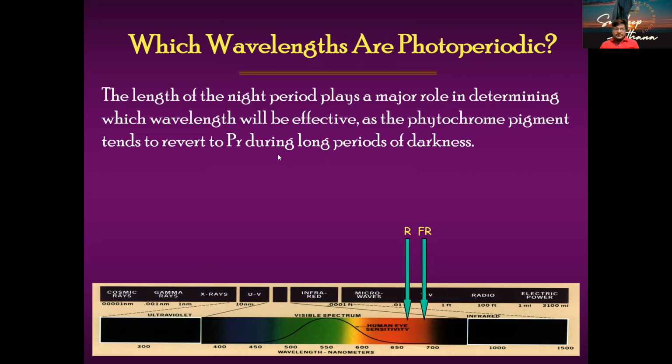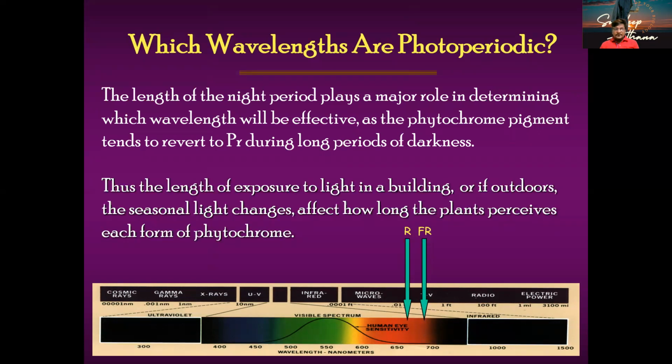Phytochrome pigment tends to revert to PR during long periods of darkness, and under light conditions, it will be converted into PFR. Thus, the length of the exposure to light, in a building or outdoors, plays a very important role in the conversion of one form into the other.